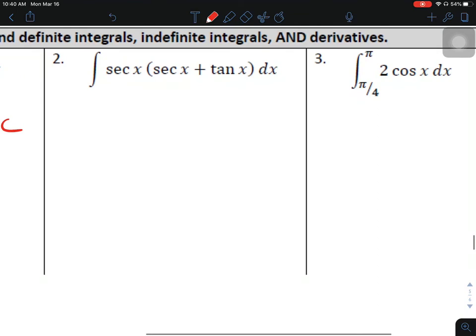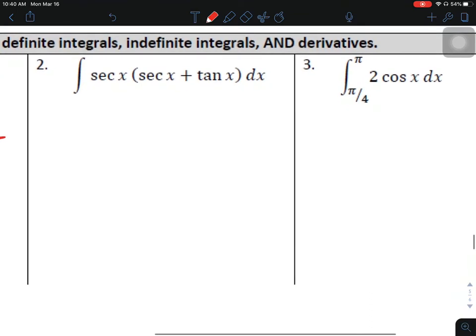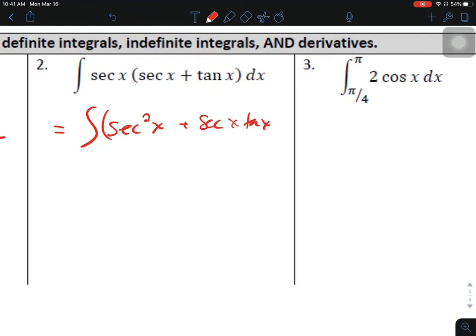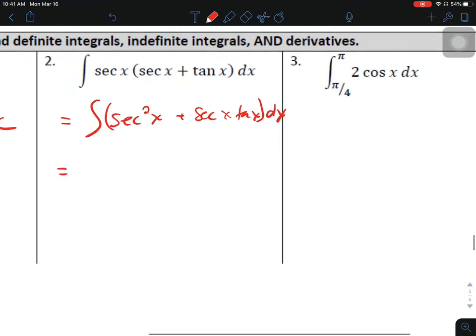Number 2, well, I would certainly multiply this out, so it's secant squared of x plus secant of x tangent of x. The antiderivative of secant squared is tangent of x, and the antiderivative of secant of x tangent of x is secant of x. Oops, plus c. I would review those rules.